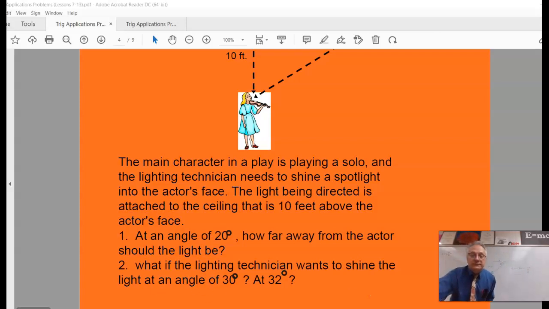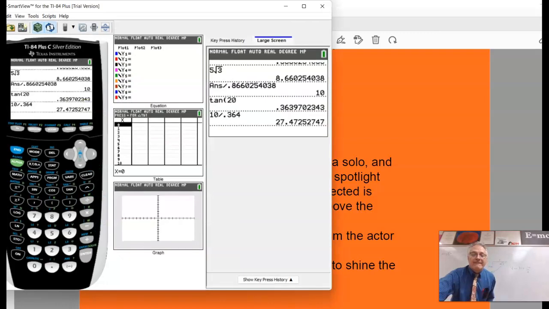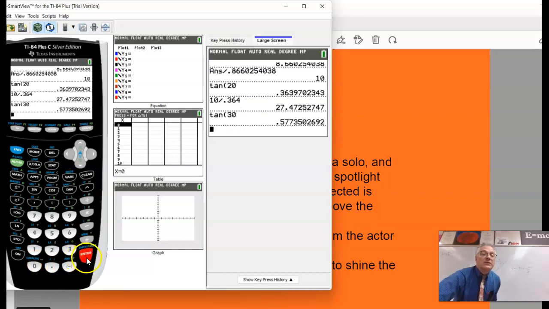So the tangent of 30 is 0.577. So I'm going to switch the d into 0.577 and do the math.